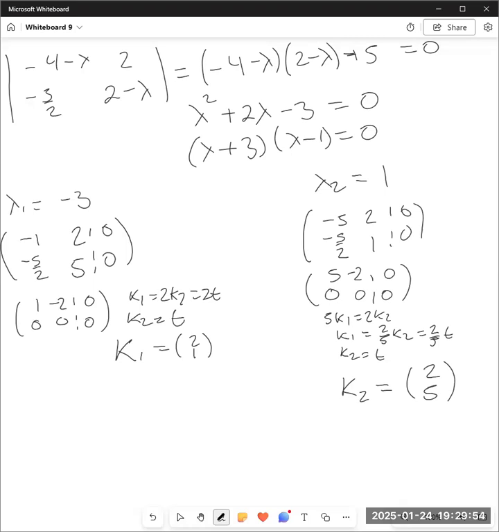And so that tells me that my solution is going to be C1, 2, 1, e to the negative 3t plus C2, 2, 5, e to the t.